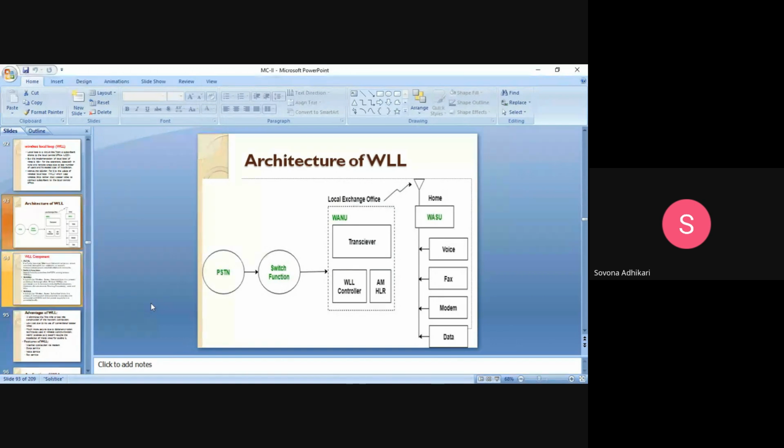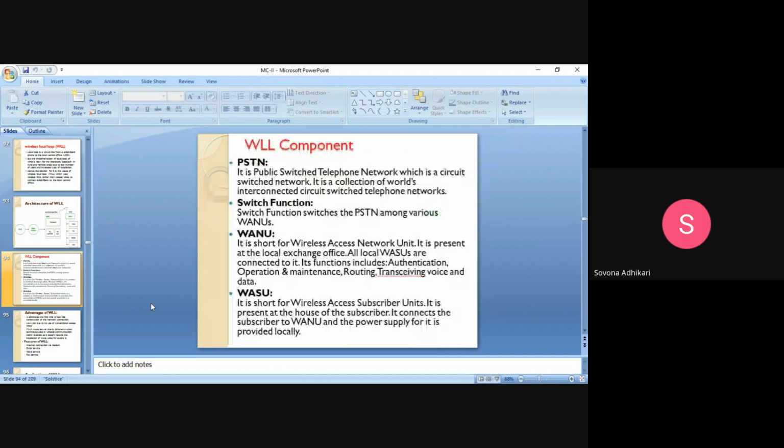So what are these? PSTN, we know that it is the public switched telephone network, which is a circuit switched network. It is a collection of worldwide interconnected circuit switched telephone networks. So when you are sending data, your device should be connected to PSTN.